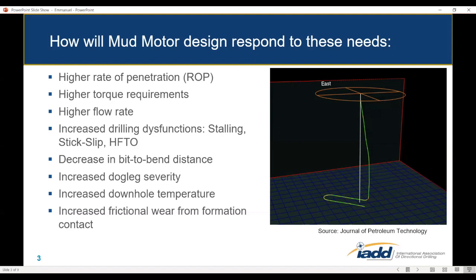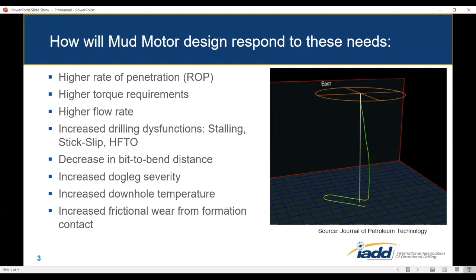This well was fun for the DD, I believe. Temperature is going to keep increasing, that's for sure, because we're going deeper. We'll also see frictional wear. Dogleg side forces, side loads will introduce wear into a lot of downhole components.